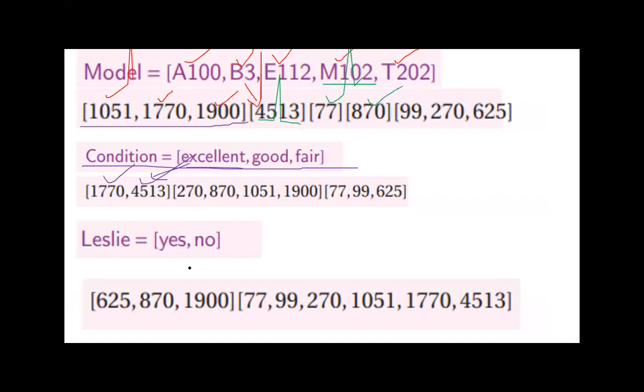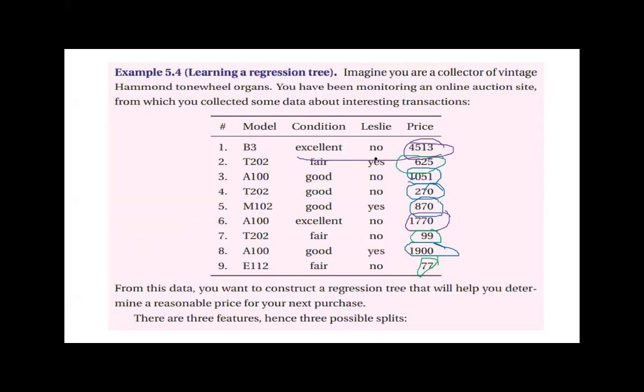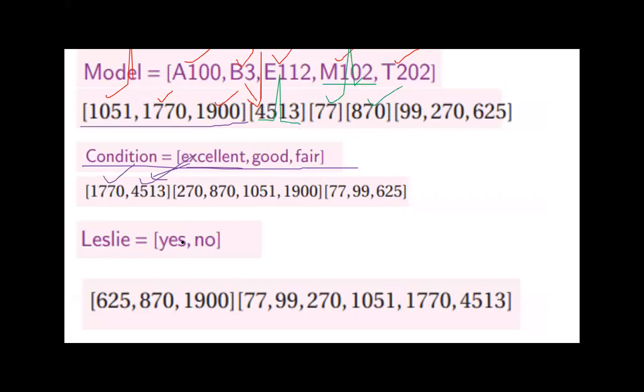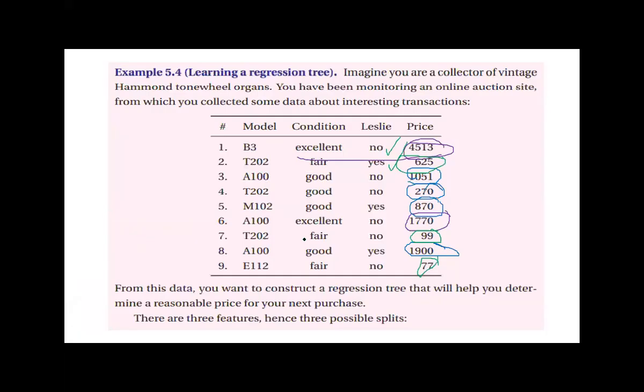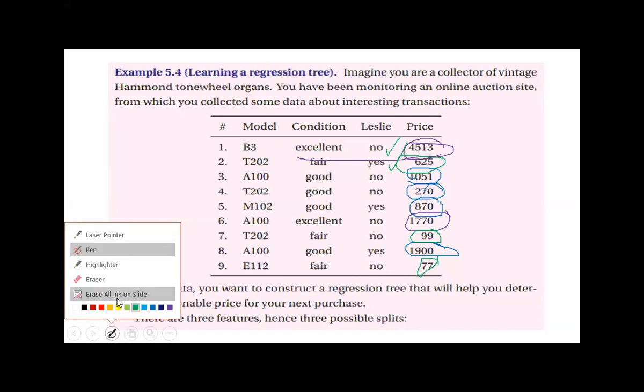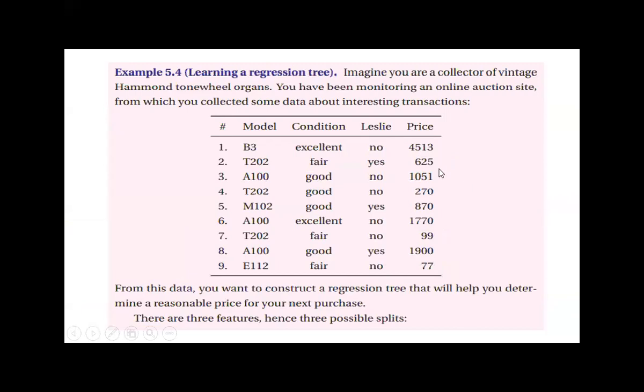Similarly, we have last line. We have only two values here, yes and no. If you separate yes, this 625 is yes, this 870 is yes, and 1900 is another yes.